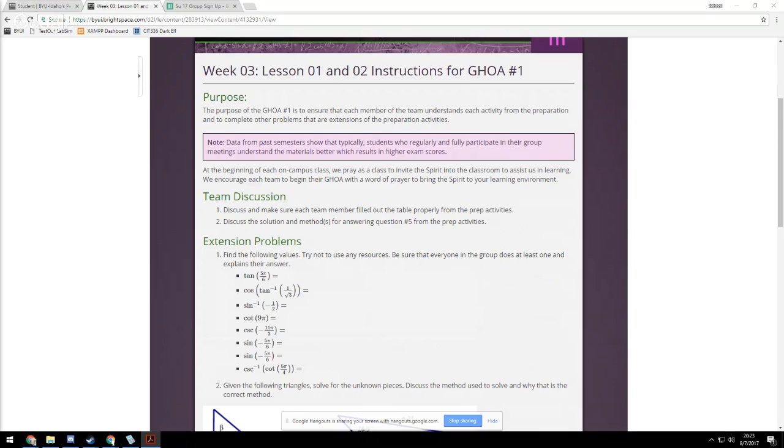And you continue to go down. Cosecant inverse, its range would be negative pi halves to 0, not including 0, or 0 to pi halves, not including 0. But it does include negative pi halves and pi halves. So that was part of the prep, and I went ahead and did all of those.